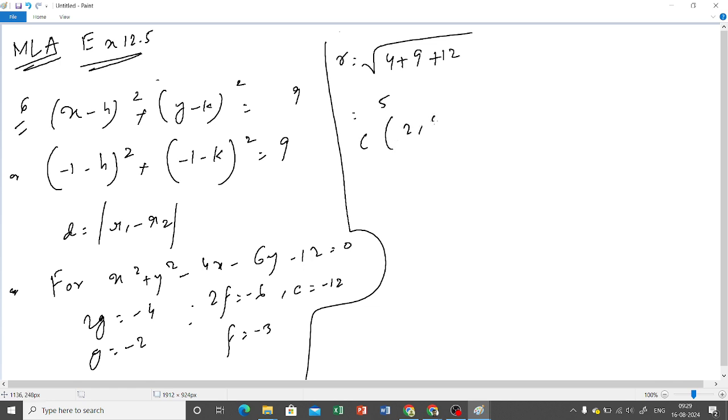Minus g, minus f. This is the center of the bigger circle, and this is the radius of the bigger circle.